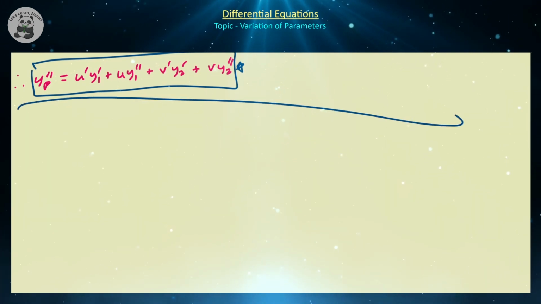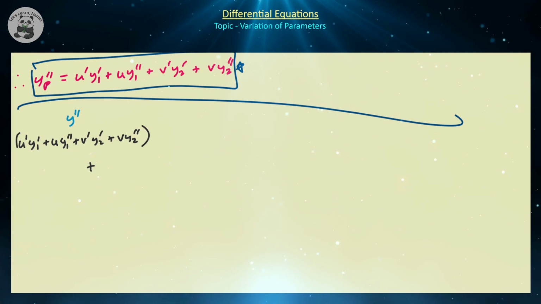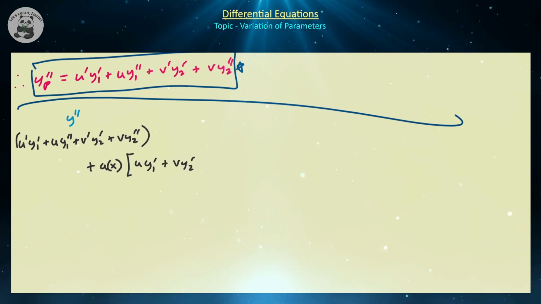All right, so our y double prime, as we've already proven, is going to be equal to u prime y1 prime plus u y1 double prime plus v prime y2 prime plus v y2 double prime. And then we're going to have our a of x times our y prime, which is going to be equal to u y1 prime plus v y2 prime, right?